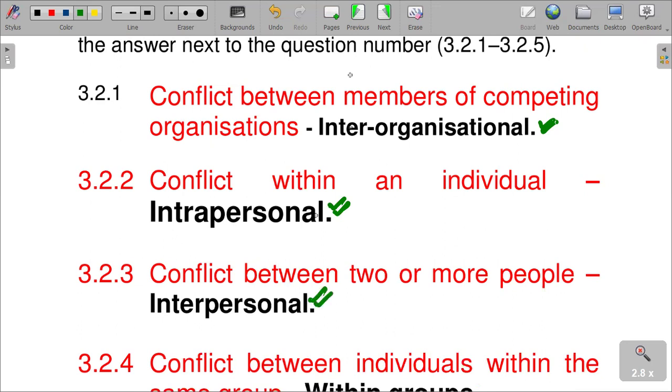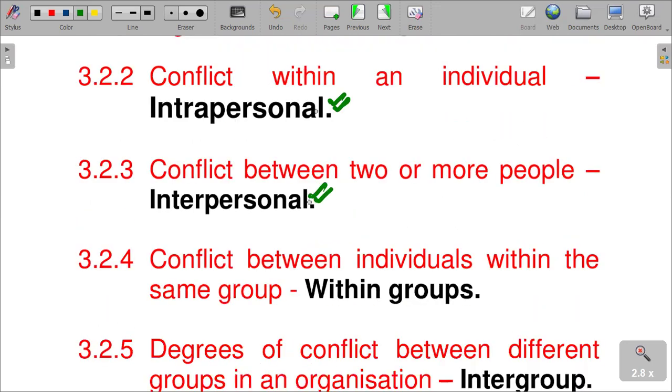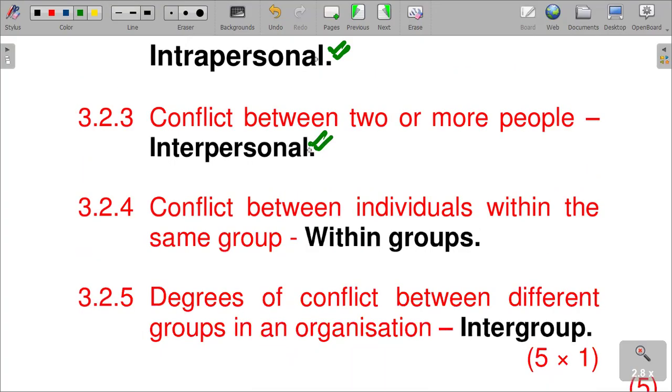And then conflict between individuals within the same group, members within the same group. We can say intra-group conflict, or within groups. Intra means within the group itself.